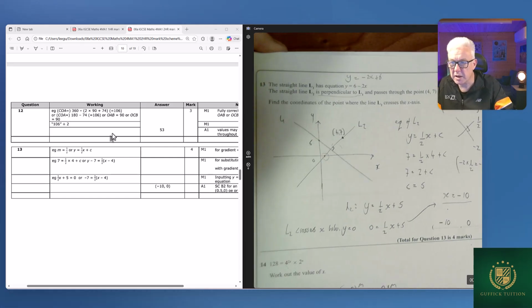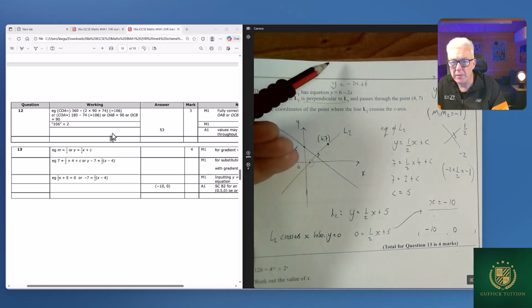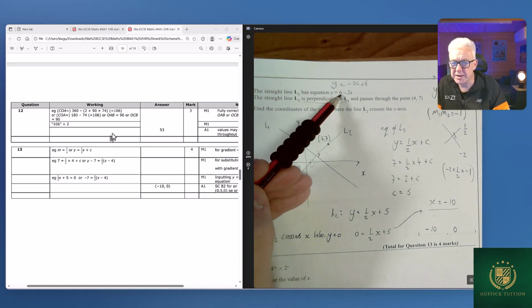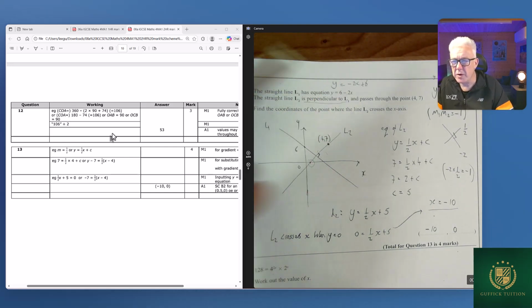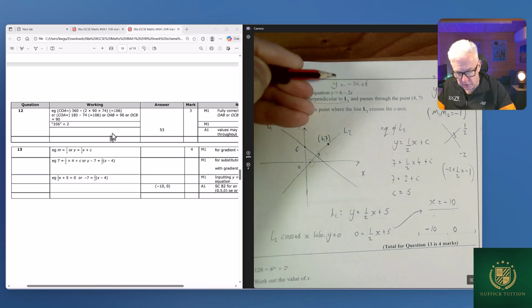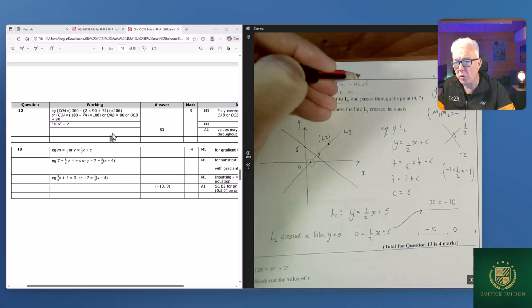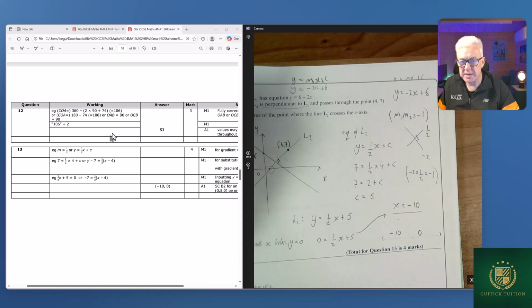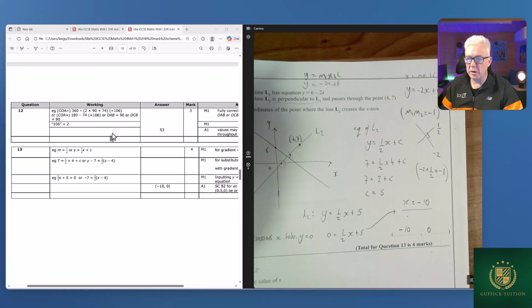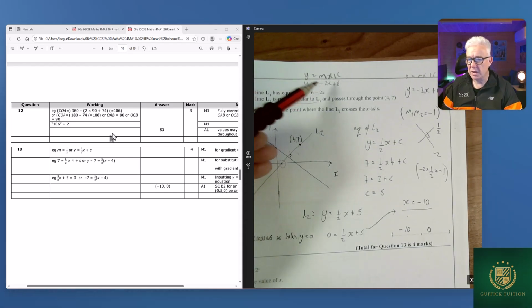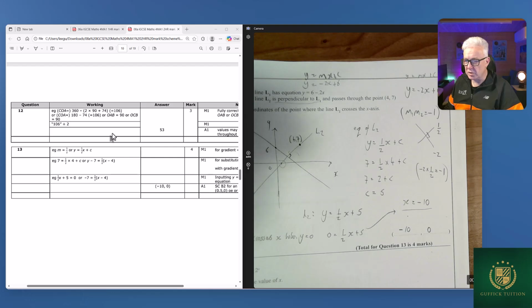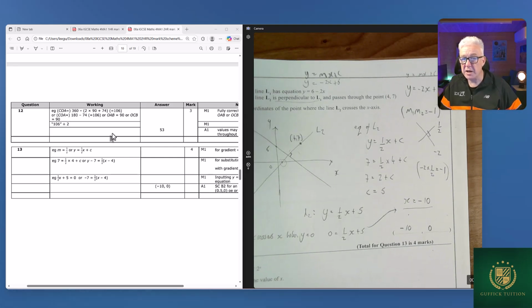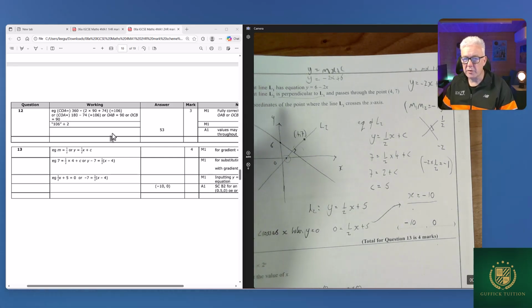Okay, so let's think about that. Now they've written it as y equals 6 minus 2x. But if we write that in the form y is equal to mx plus c, that we're more familiar with seeing, then we can see that the gradient of L1 is in fact minus 2. So the gradient of L2 is going to be negative the reciprocal.